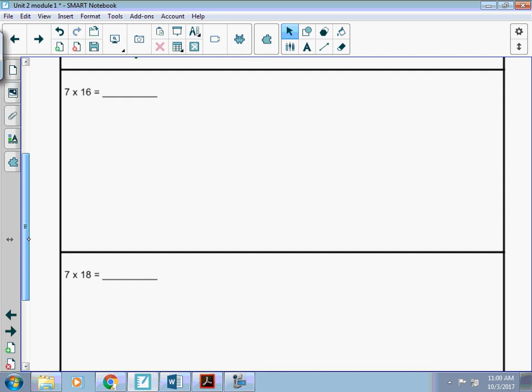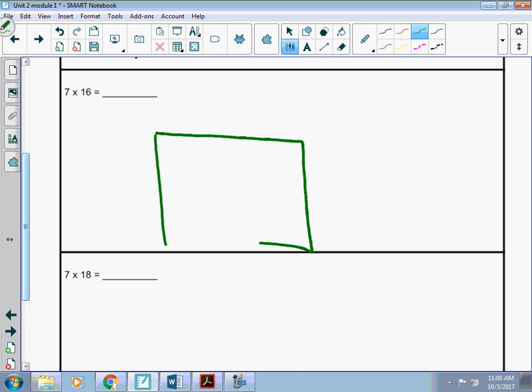On the next one, I have 7, which is just my ones place, and 16 will split up into 10 and 6. So then in my first rectangle, I have 10 times 7, which is 70.